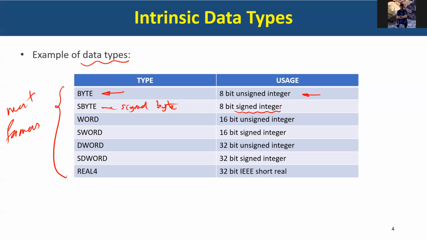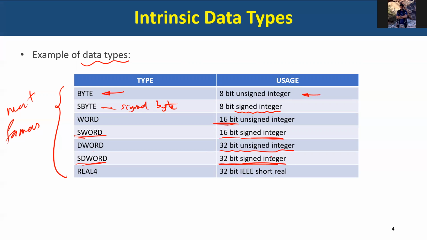So the first one is unsigned, the second one is signed. WORD is 16 bits. SWORD means 16-bit signed integer. DWORD, which means double word, is a 32-bit unsigned integer. SDWORD means signed double word, which means 32-bit signed integer.